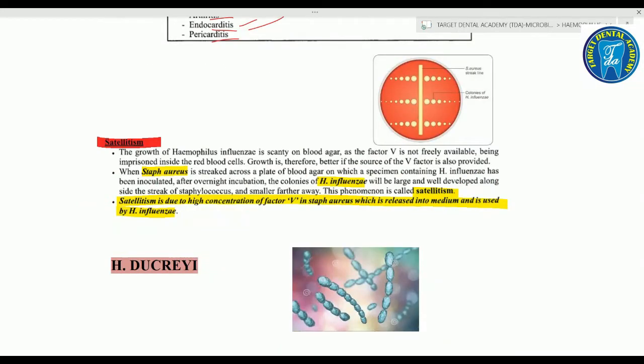Now let's discuss the important point which is related to Haemophilus influenzae. So this is satellitism. What is satellitism? It is the growth of Haemophilus influenzae, first of all, on a blood agar. The growth is scanty as factor V is not freely available, being imprisoned inside the red blood cells, or RBCs.